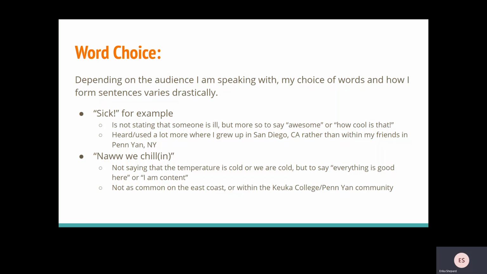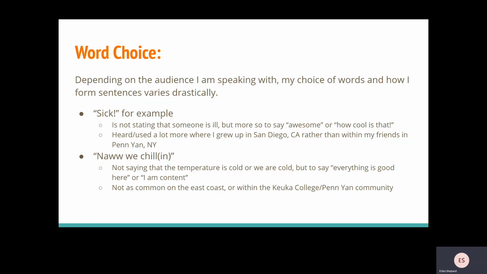But the way I reacted to that word is kind of the same way New York reacted to me using sick in a sentence. Same with the example below, like now we chill, now we chillin'. Not chilling, just chillin'. We're not chilling, we're chillin'. There's a little bit of a vocal difference.